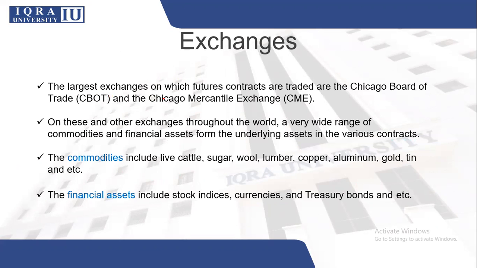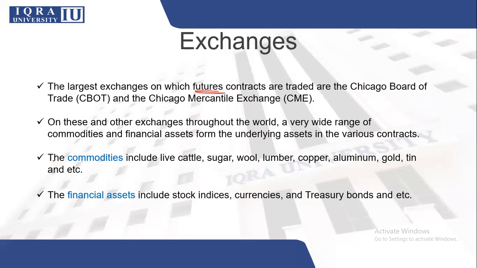The largest exchanges on which futures contracts, another thing that you have, are traded are the Chicago Board of Trade and the Chicago Mercantile Exchange. So these are the largest exchanges of the world. On these and other exchanges throughout the world, a very wide range of commodities and financial assets form the underlying assets in various contracts.